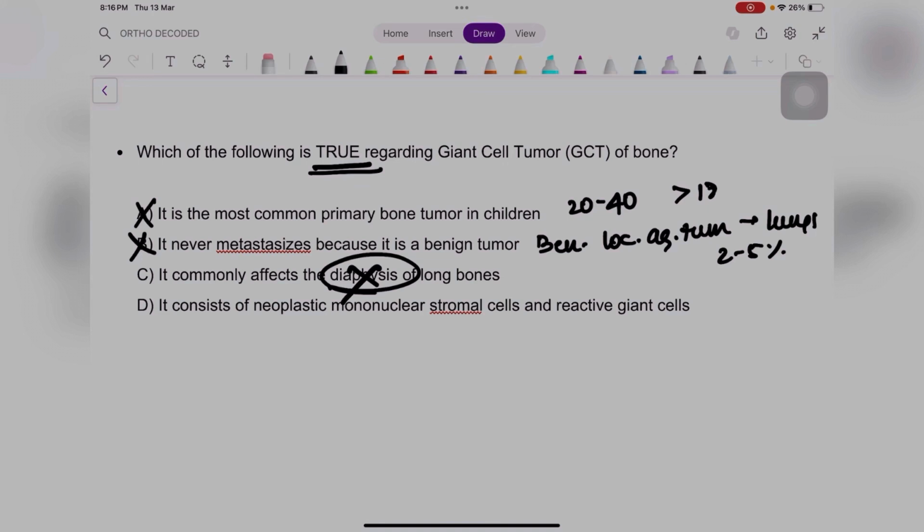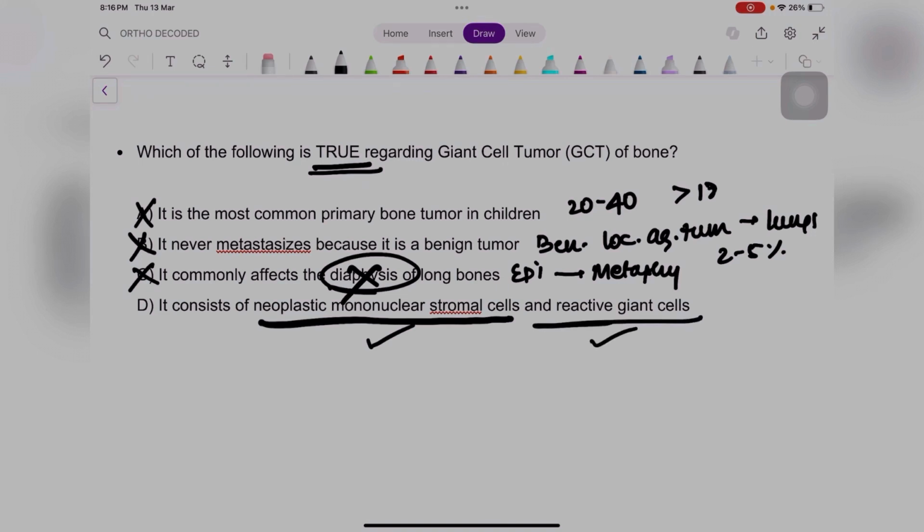It will affect only the epiphysis and it can extend into the metaphysis. So this option is also wrong. So you are left only with one option which says it consists of neoplastic mononuclear stromal cells. Yes, absolutely. And you have reactive giant cells. You have multinucleated giant cells. So this is your correct option.